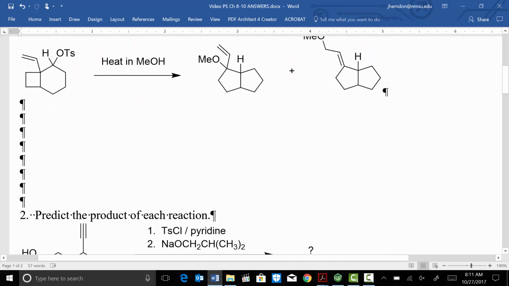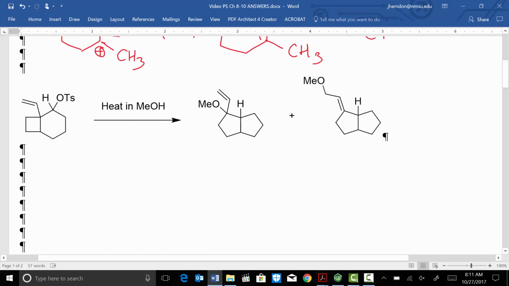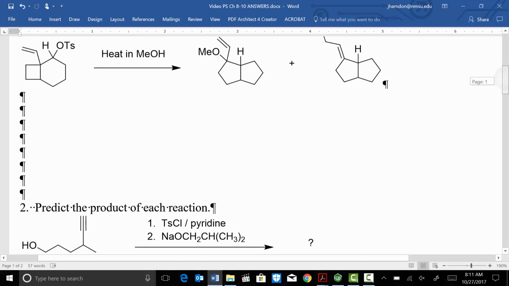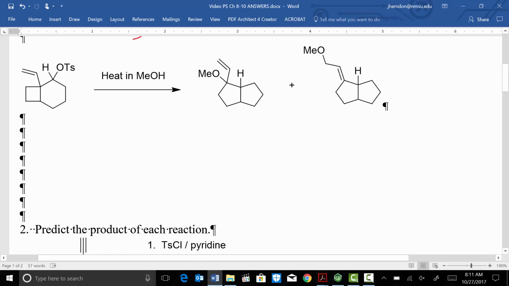Okay, let's look at this mechanism here. This is a classic SN1 reaction that has a carbocation rearrangement component. So let's look at what we're doing here. We're also going to make a byproduct here, paratoluenesulfonic acid.